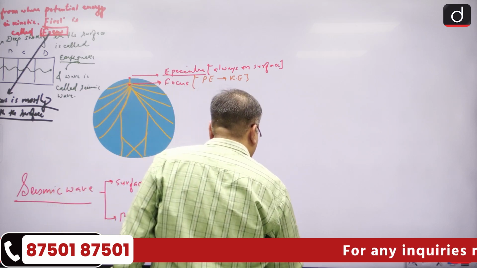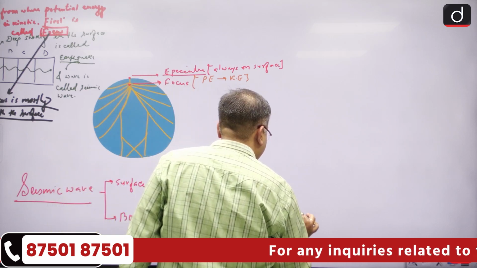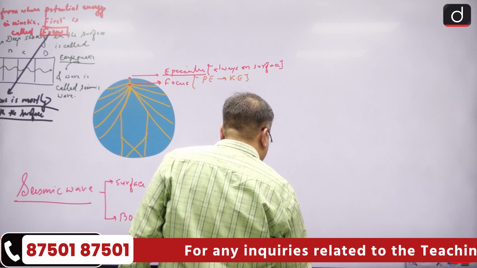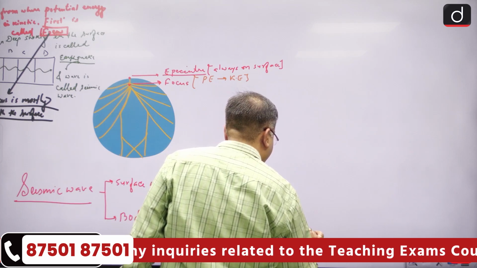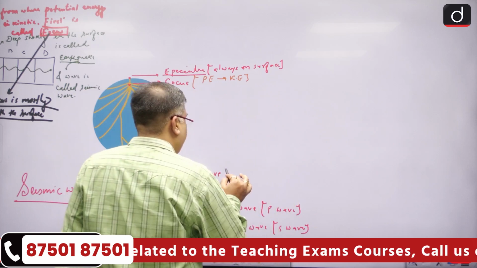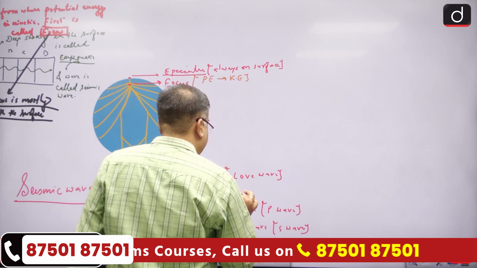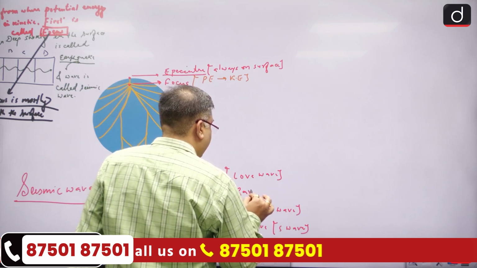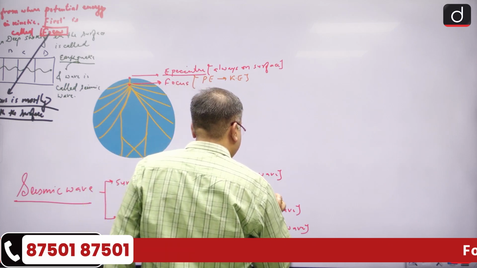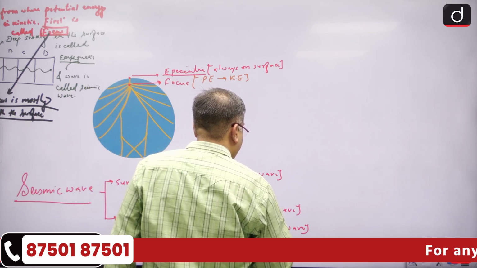Primary wave is also called P wave and the secondary wave is also called S wave. L wave is also called Love wave and the R wave is also called Rayleigh wave.